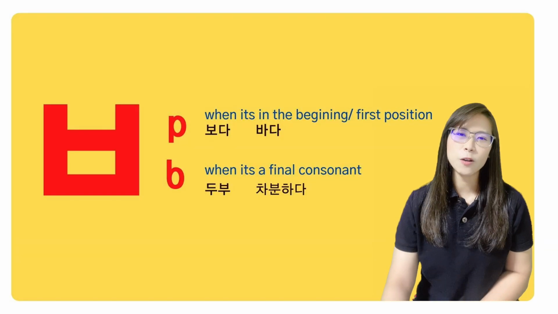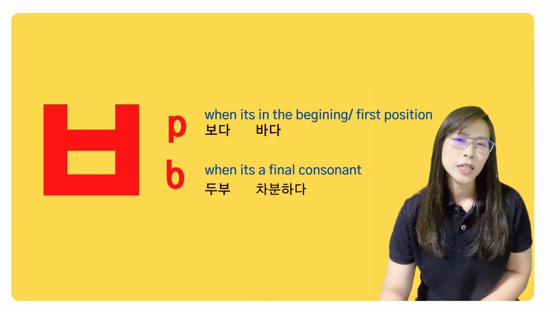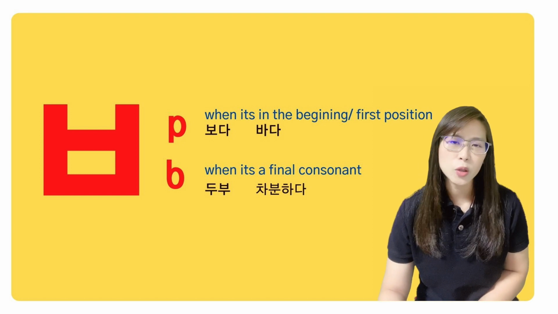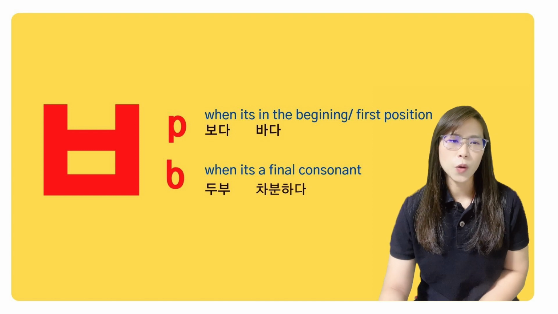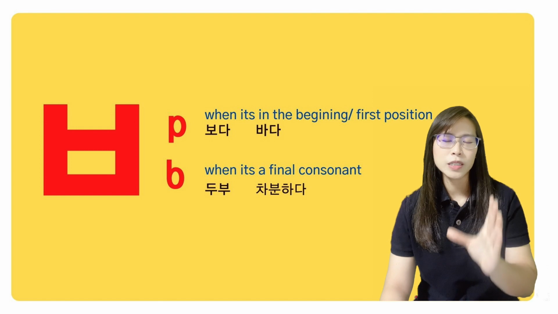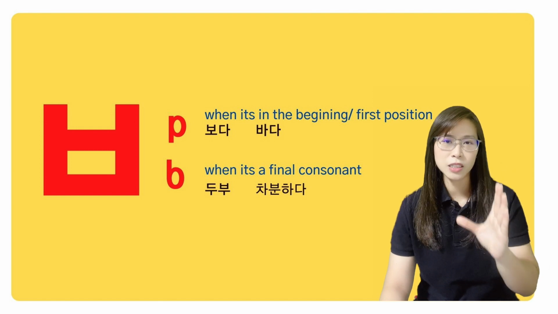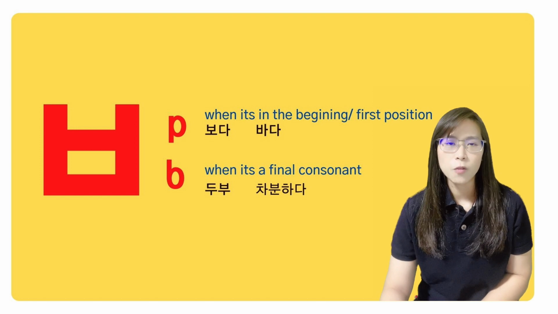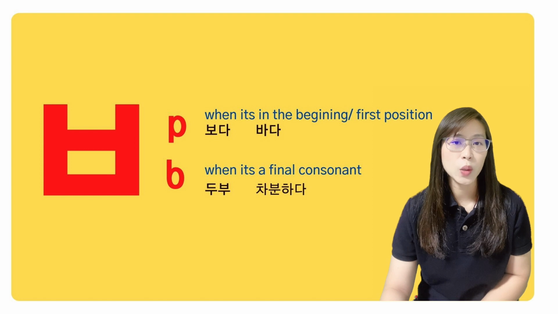Alright, okay, so first of all, the B or the P sound. Now, in fact, this is a B, but sometimes it's pronounced like a P. So when do we do that? Okay, so first of all, if the syllable is in the first syllable spacing of the word, it's pronounced as a P. For example, 보다. 보다 is P-O-D-A, rather than B-O-D-A.